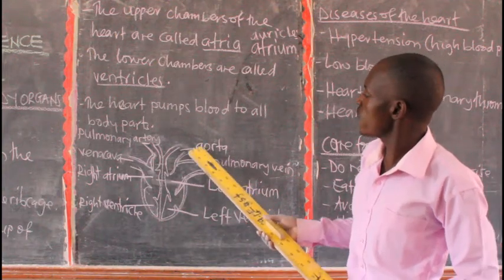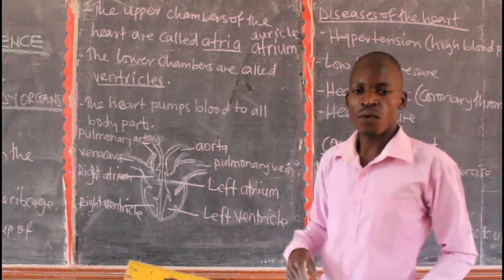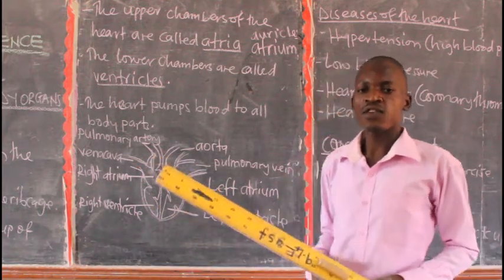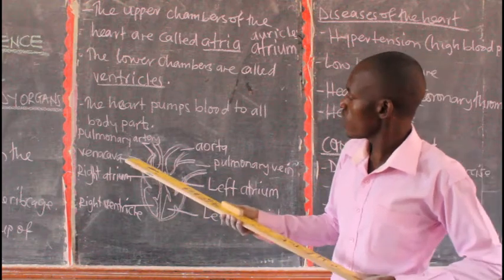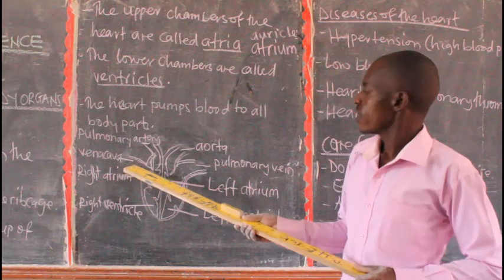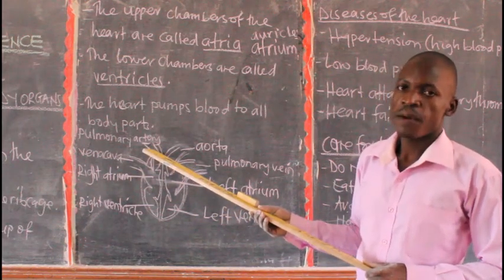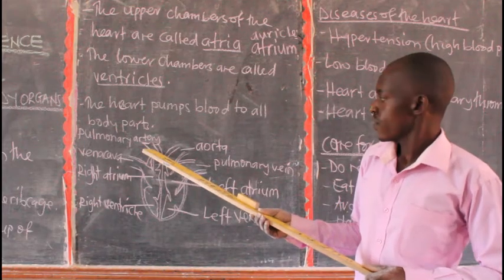Then we have the blood vessels surrounding this heart, those that carry blood away from the heart, and those that bring blood to the heart. This blood vessel here, we call it vena cava. Then we have the pulmonary artery.